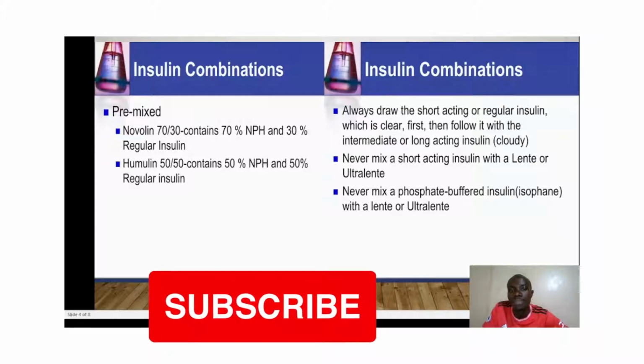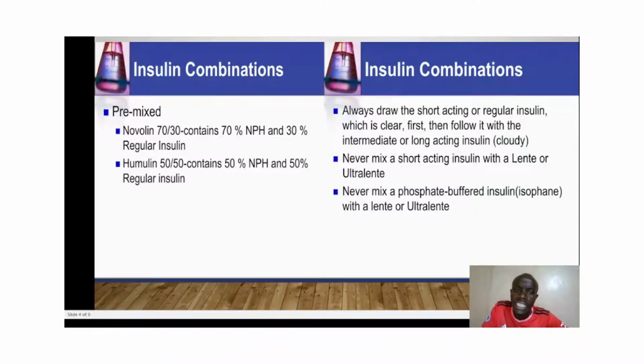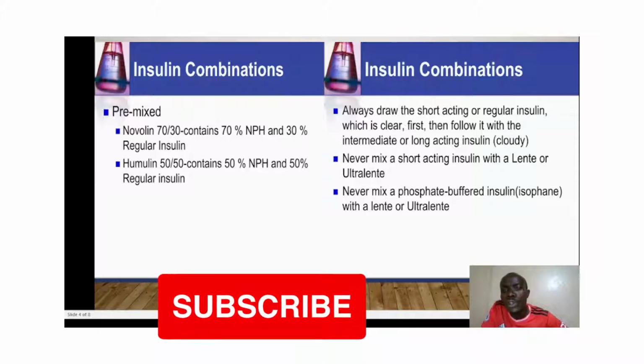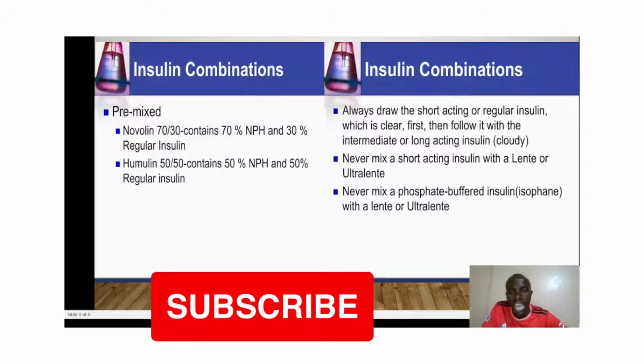From biphasic, we have the pre-mixed insulin, the one that we commonly use, and the one that I'm currently projecting. The pre-mixed insulins come in a fixed combination of rapid and intermediate acting insulin. They are named so because the insulin is already mixed by the manufacturer, and the ratio of the components remains constant in each dose.